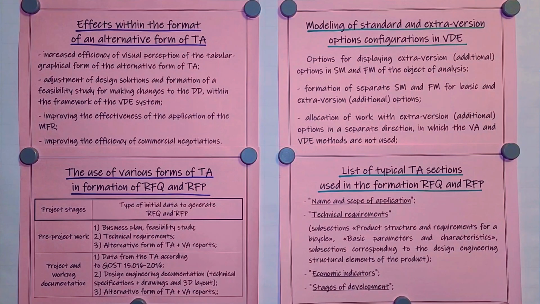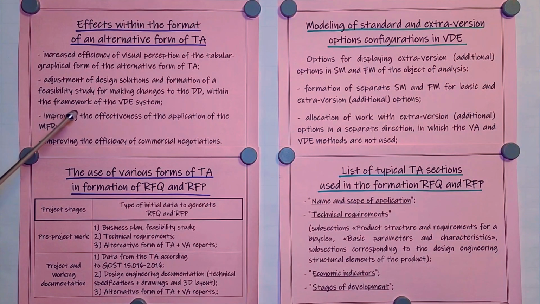The effects within the format of the alternative form of technical assignment include, first, increased efficiency of visual perception of the tabular and graphic form of the alternative form of technical assignment in comparison with its textual form according to GOST 15016, which makes it possible to provide a presentation for the chief design engineer, project manager, and top management of the company.